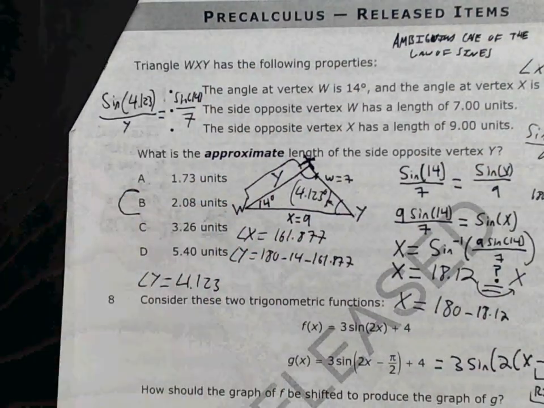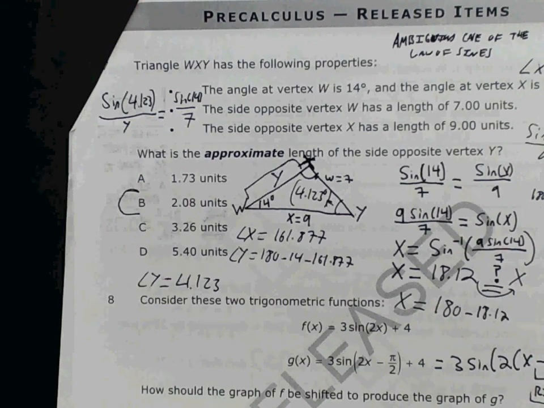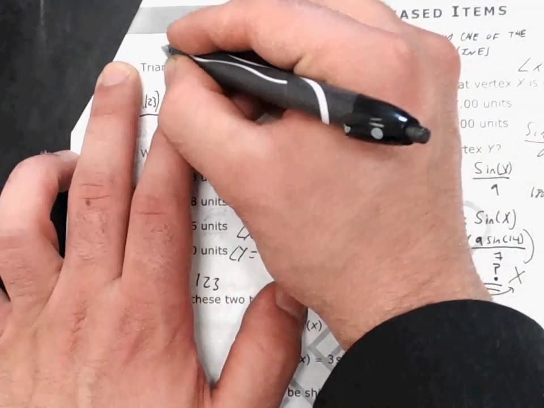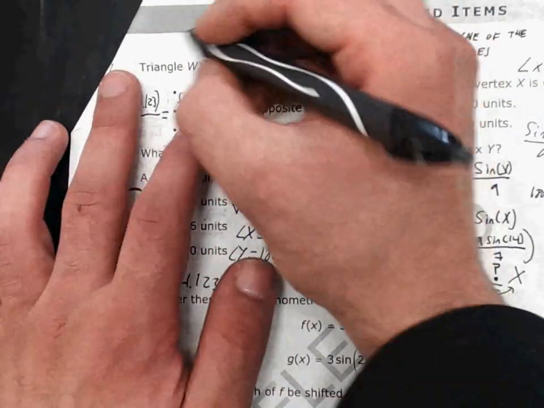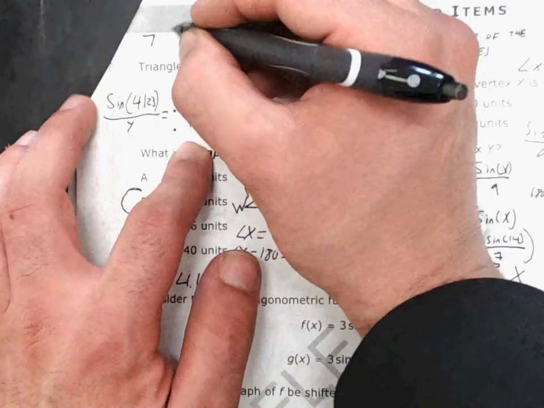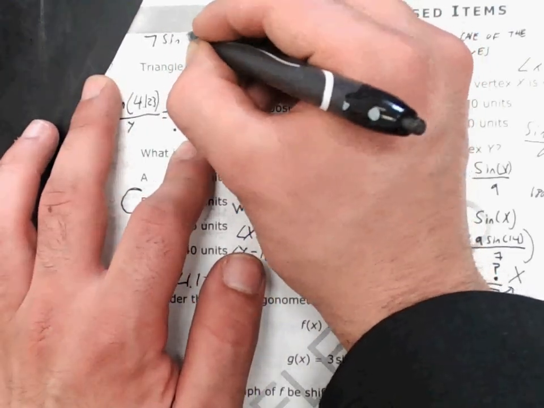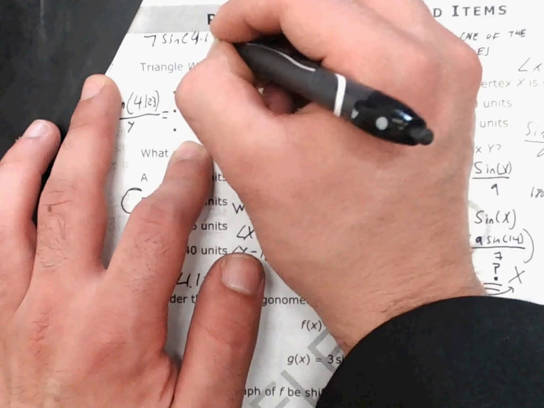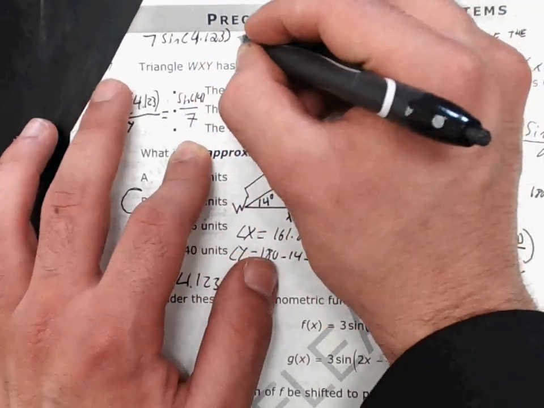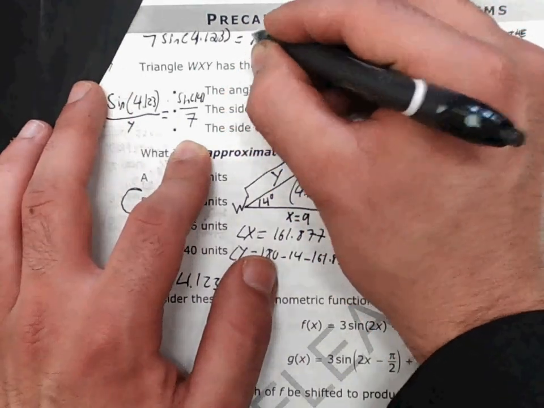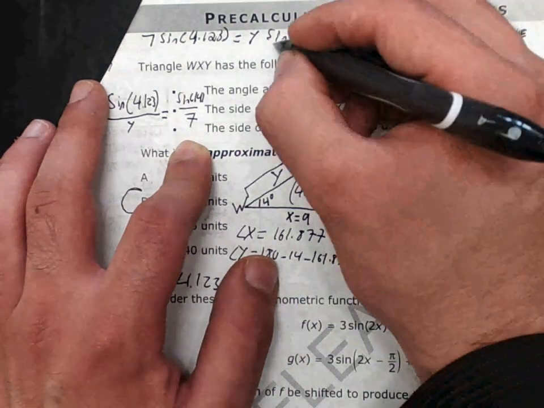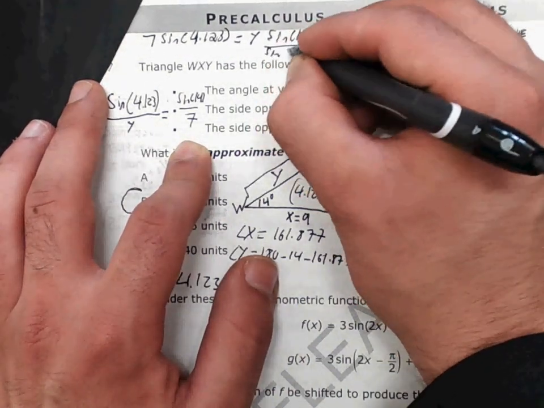And so you can cross multiply. Sorry, I should have had a little bit more space, but I'm going to do my next step up here and say 7 times the sine of 4.123 is going to be equal to y times the sine of 14. So you just divide each side by the sine of 14.